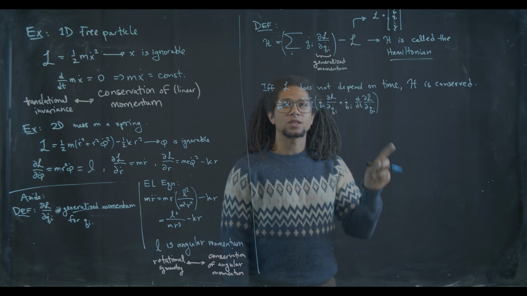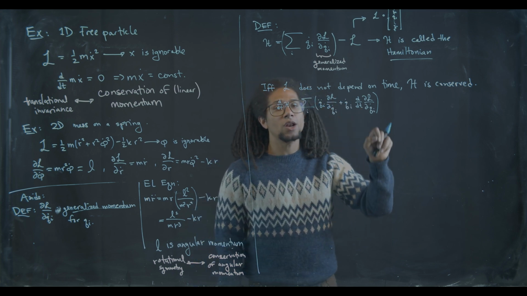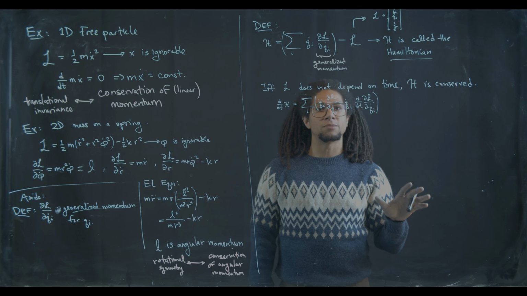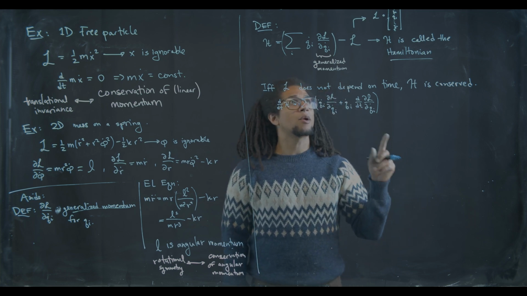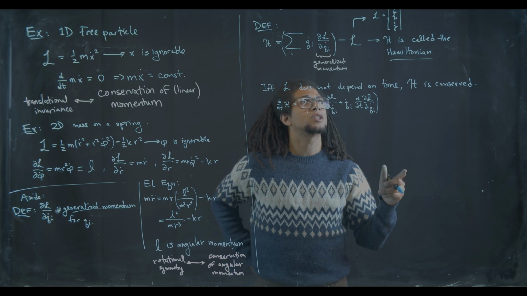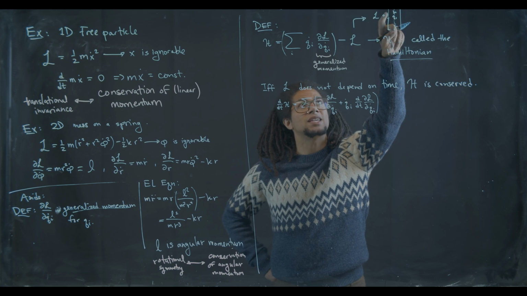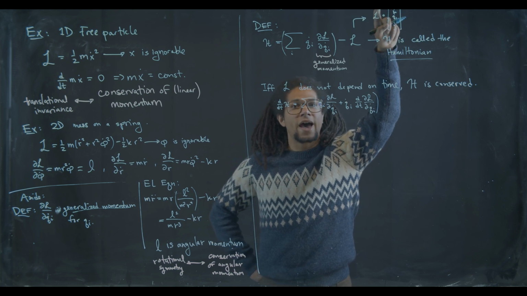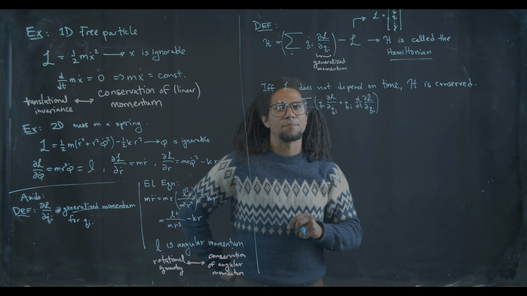Now, if I do this composition, then what I really need to do is take the chain rule, the multi-dimensional chain rule. What this is going to tell me is that if I want to take a time derivative, I need to take the derivative of L with respect to each of its coordinates, and then multiply the derivative of that coordinate with respect to time.